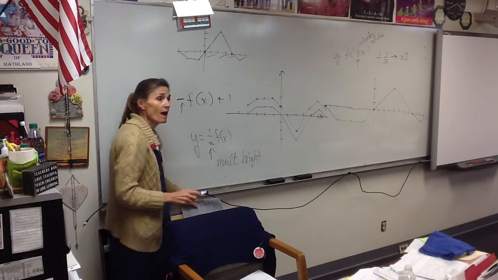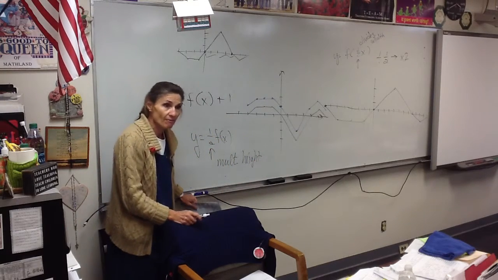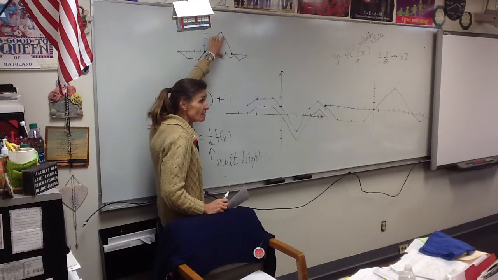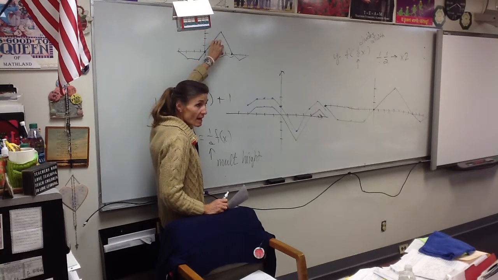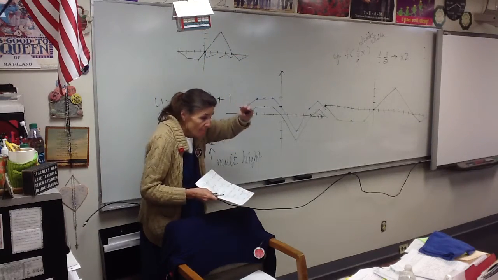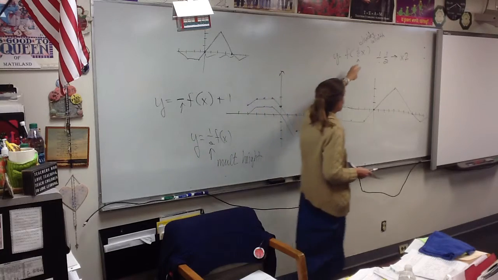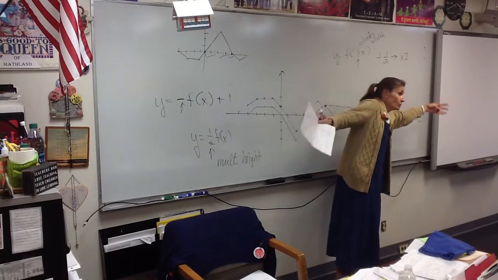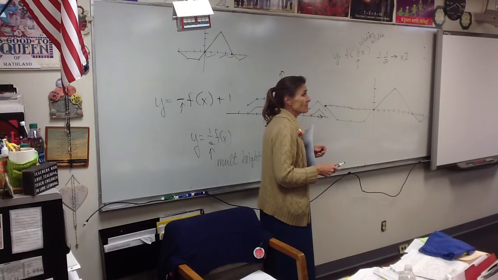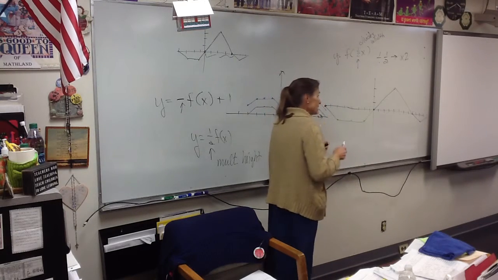So you're going to take the height times 1/2. That means instead of this being up 3, it would only be up 1.5. Everything gets halved vertically. Here, everything got doubled horizontally. They look like the same number, but they are completely different.